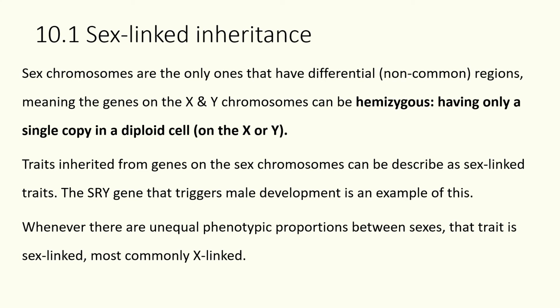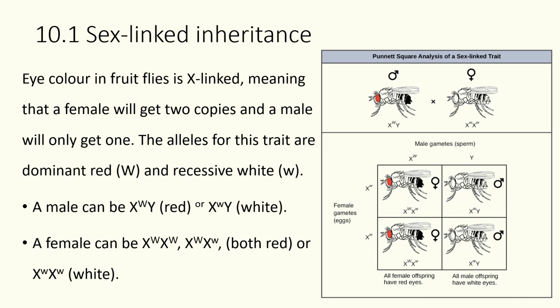Whenever we have unequal phenotypic proportions between sexes, that trait is most likely sex-linked. So if you're looking at a bunch of data and it looks like one sex more commonly has this trait over the other, we're likely looking at a sex-linked trait.